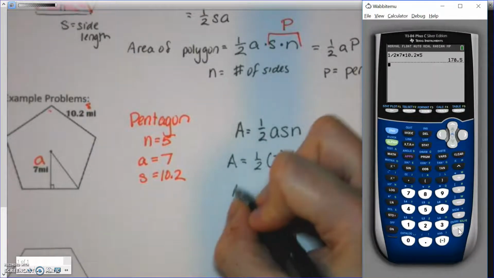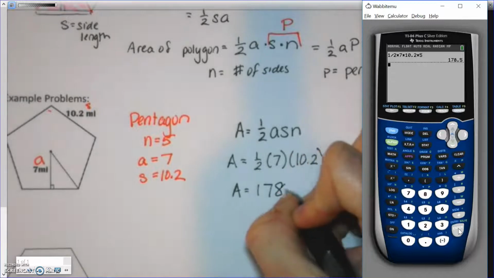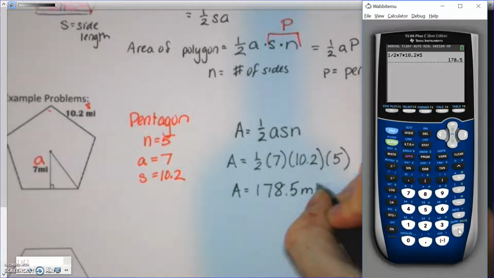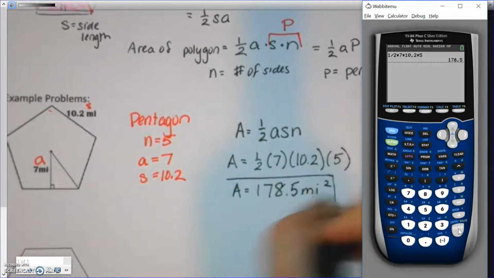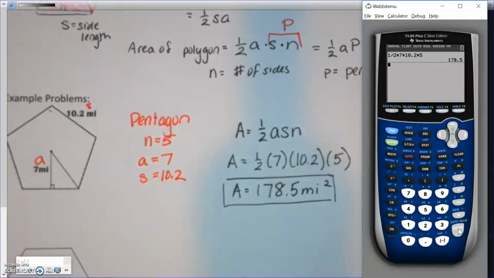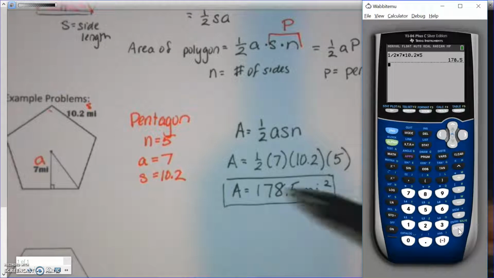And then we're going to get that our area is 178.5 square miles. So what I love about this formula is the formula itself is not incredibly complicated. The formula itself is only 3 numbers, they're just being multiplied. The thing that can get complicated sometimes is getting those values in the first place.